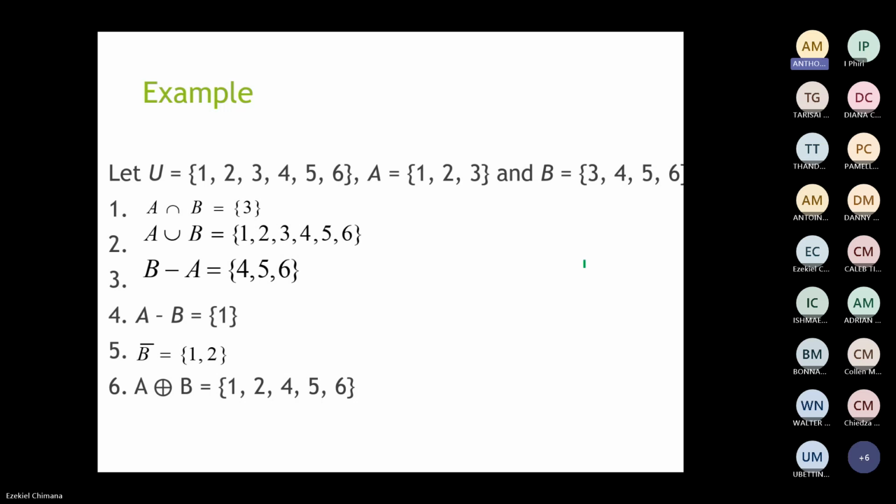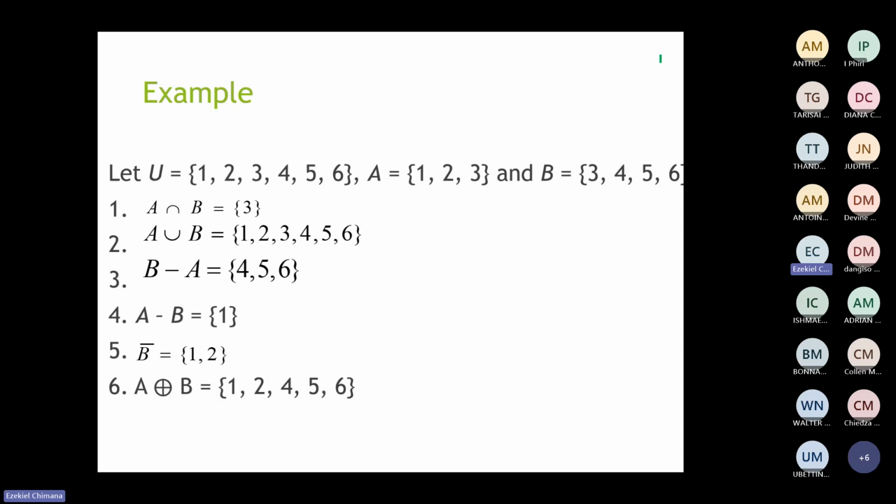There is a hand by Grace. You can come in. Sorry, A minus B. I think it's 1 and 2, if I'm not mistaken. Yes, I saw it as well.